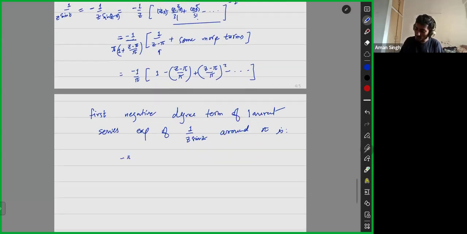Minus 1 by pi from this 1 by z part, into 1 by z minus pi, plus some more. From here minus 1 by pi, and 1 by z minus pi here.